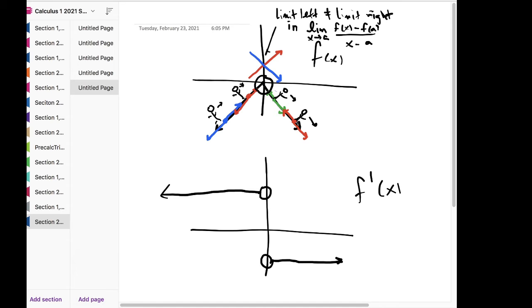Because f prime of 0 does not exist. Does everyone see that? Okay, good. Okay, let's do another example.